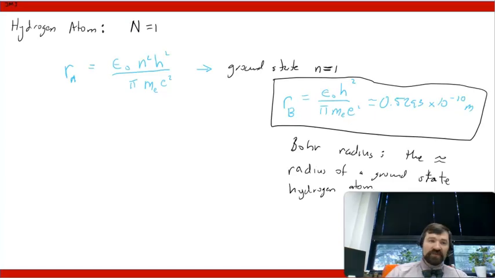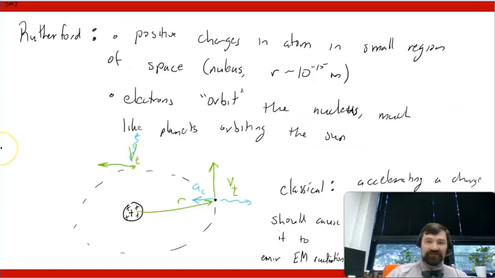The nucleus, we said earlier, was about 10 to the negative 15. So the atomic radius for the smallest atom, hydrogen, is still roughly 4 or so orders of magnitude larger than the nucleus, almost 5 orders of magnitude larger than the nucleus.